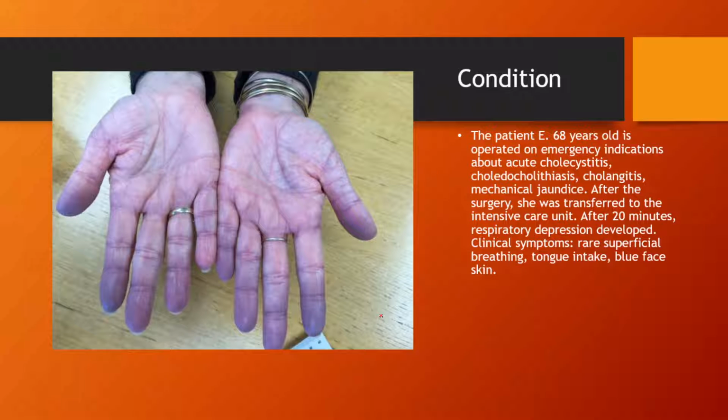After 20 minutes, respiratory depression developed. Clinical symptoms: rare superficial breathing, tonic intake, blue face skin. What is the complication of the early postoperative period in the patient and the possible causes of it? What measures should be taken to eliminate the complications that have developed?